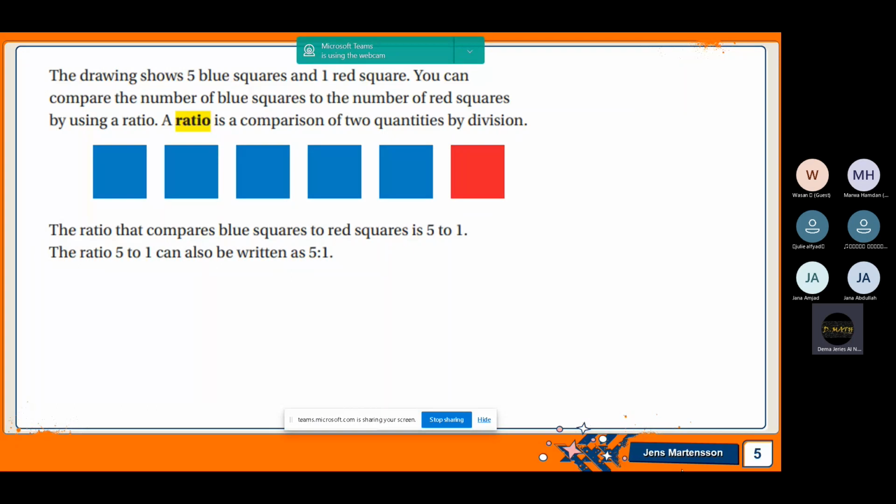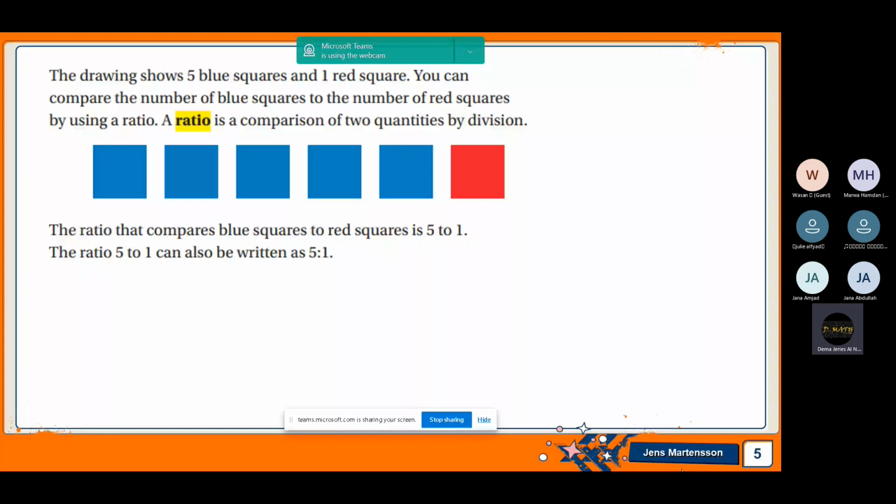I told you, a fraction is only part to whole, like the shaded to the whole. But for the ratio, you can say part to whole, whole to part, or part to part. The first one, part to part, like blue to red.